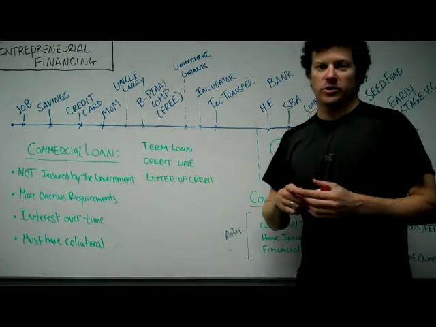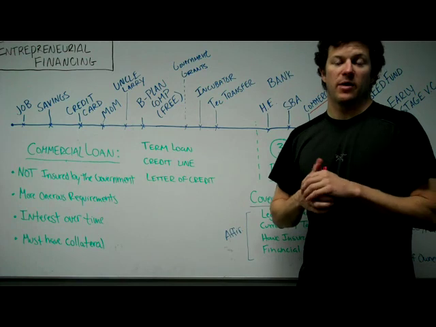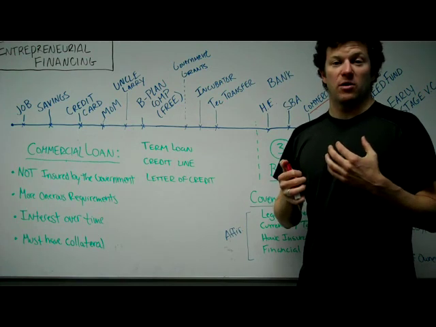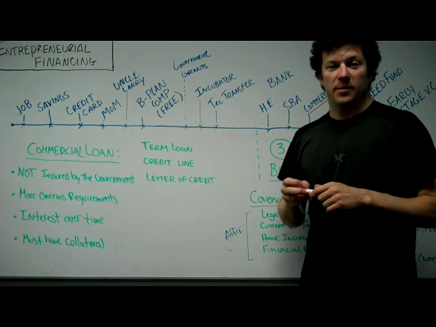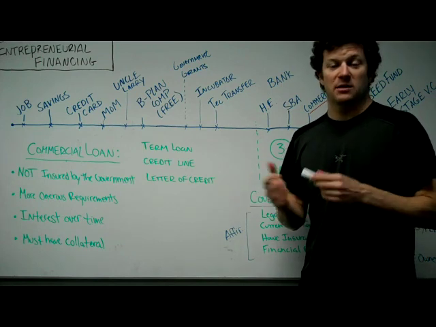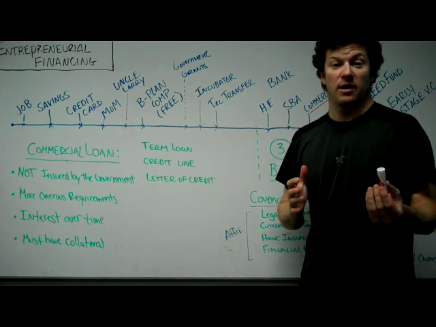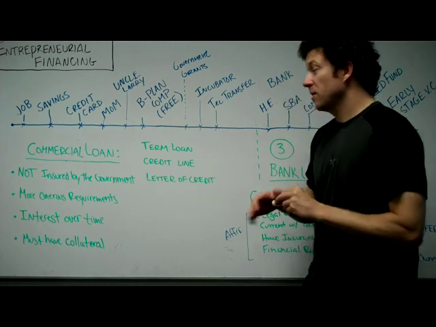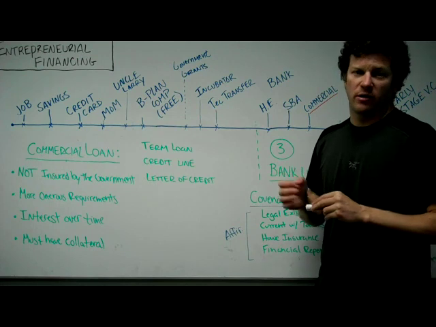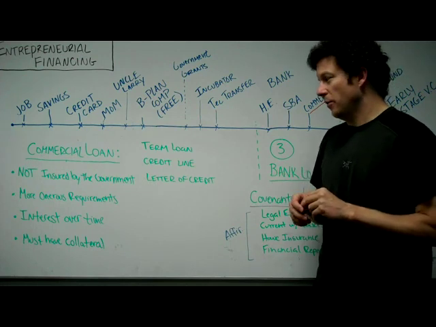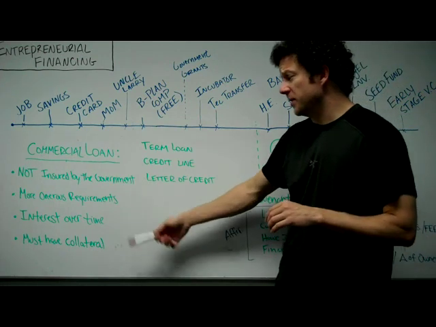Number one is they're not insured by the government like an SBA loan, so you can imagine banks are a lot more careful and controlled about who they lend to. Because if you don't pay them back, the bank just loses the money. It's not like the government covers the loan like an SBA loan. So you'll notice that the rules associated with commercial loans are going to be a lot stricter than with SBA loans. So there's more onerous requirements.